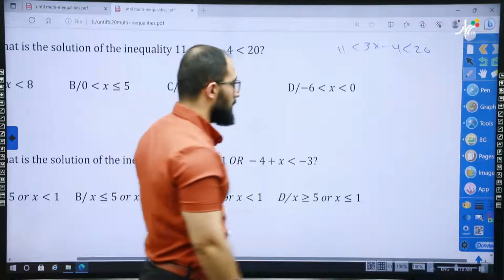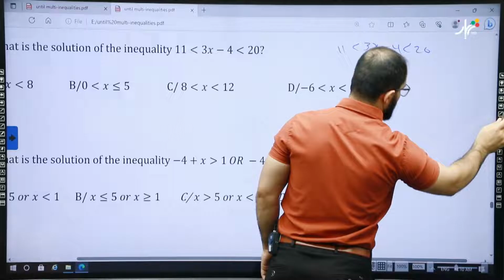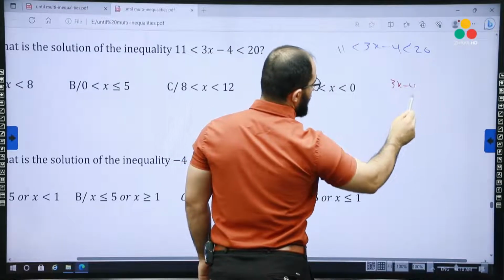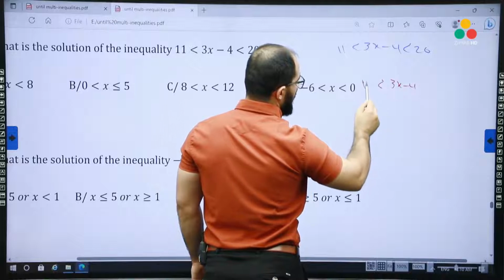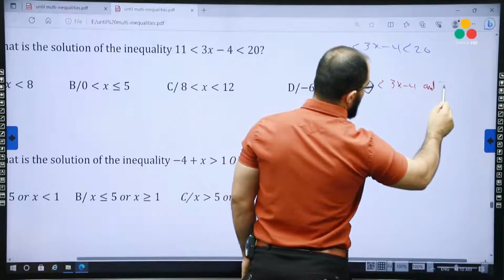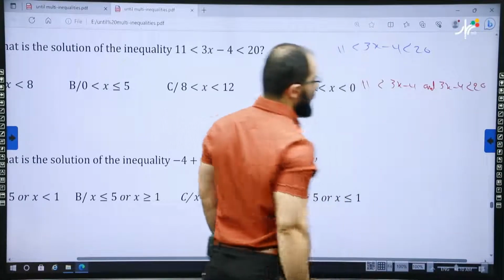As always, we are going to solve them separately: 3x minus 4 greater than 11, and 3x minus 4 less than 20.